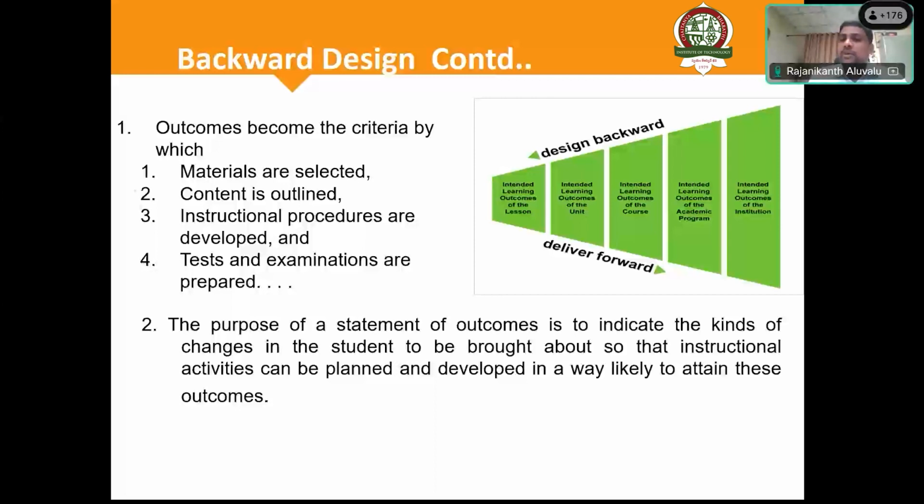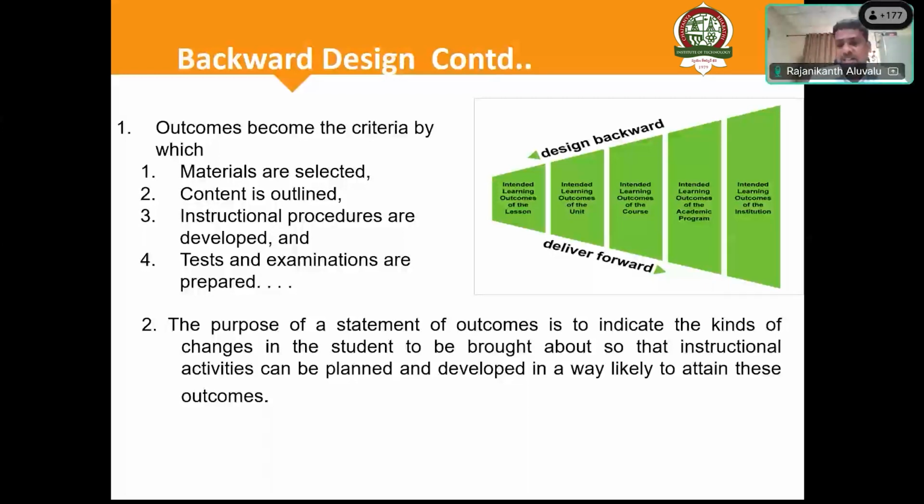So then when we deliver forward, first there will be learning activities, the peer learning happens, then we assess them, and after assessing, we get the results from those measures, we see whether the learning outcomes are attained. So that's why design in the backward approach and deliver in the forward approach is what exactly is going to happen. So the outcomes become the criteria: the materials to be selected, the content to be delivered, the instructional procedures to be developed, and the tests and examinations also need to be prepared well in advance.